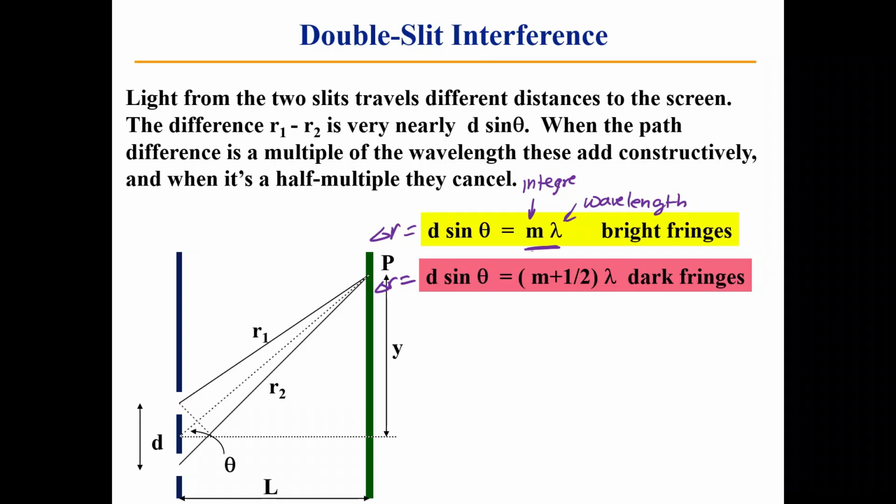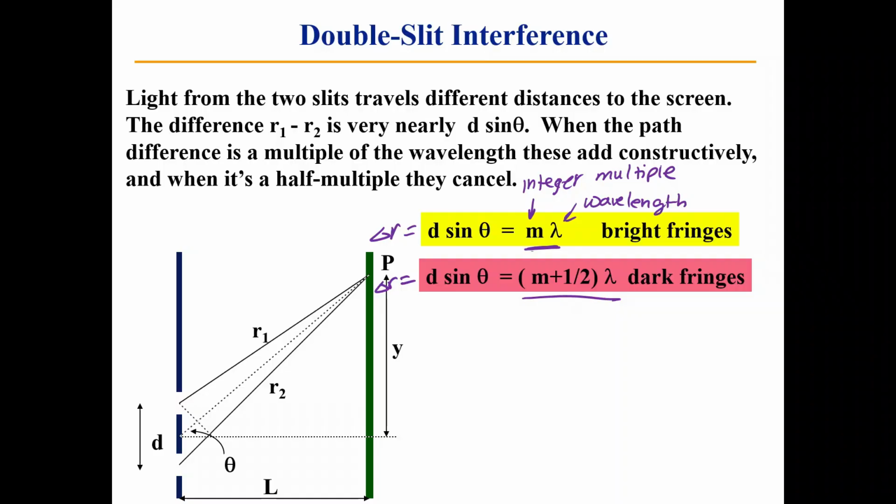So when our path difference is an integer multiple of the wavelength, then we are going to have bright fringes. Now, if, on the other hand, our path difference is in between, exactly half a wavelength offset, that is going to give us pure destructive interference.